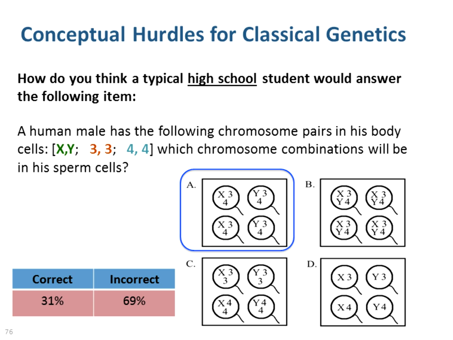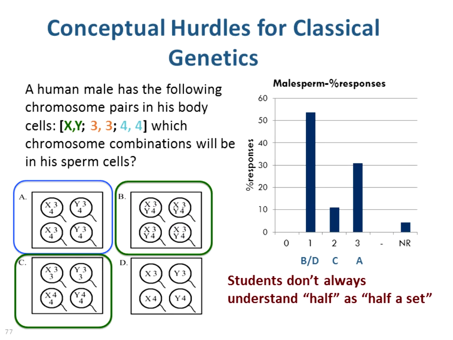So what do kids do? About 31% of them get this right, which means 31% of them selected A. A bunch of them are selecting C and B. So they're splitting the stilettos and the boots not correctly, or they're not splitting some pairs and splitting others.